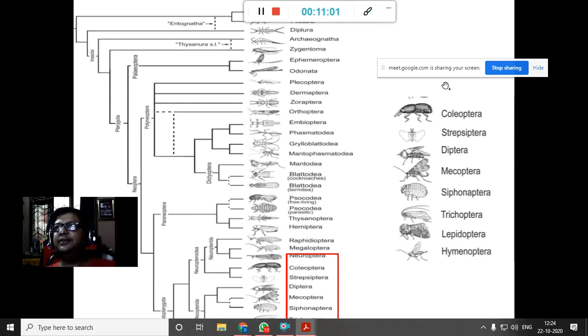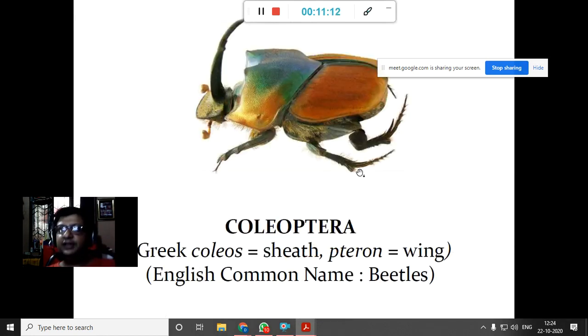So you have Coleoptera. These are the important insect orders. Several orders of insects are present, and these are the important ones. The first group is the Coleoptera. At this moment, don't bother yourself with what is order, class, or superclass, but remember certain groups or orders.